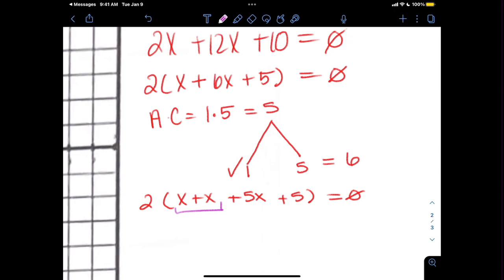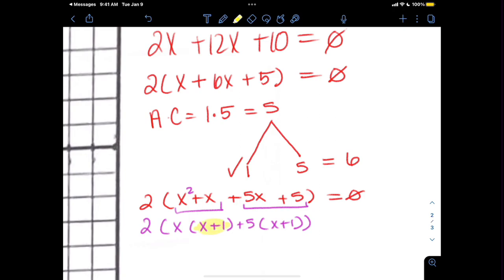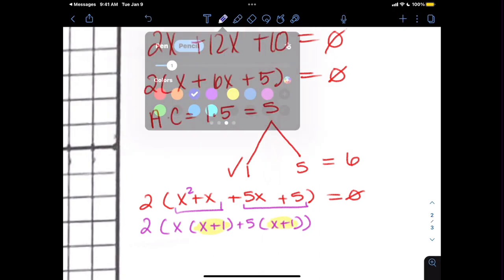So here I see, oops, forgot my squared. Here I see they both have an x in common. So I'll factor out an x. Here I see that they have a 5 in common. So I'll factor out my 5. I see that the insides are exactly the same, so I can combine like terms.